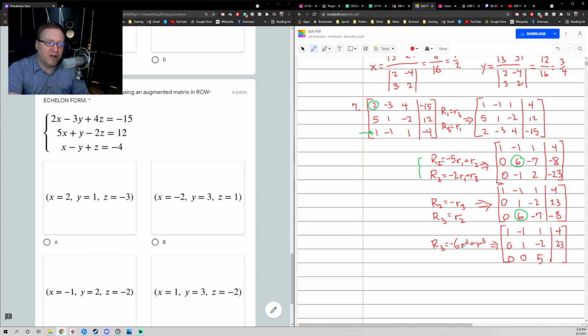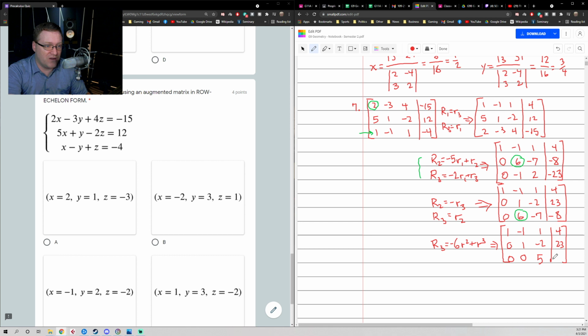And then finally, right here, we're going to have negative 6 times 23, which is negative 138. And then we're going to plus negative 8. Am I doing that right? Negative 6 times 23 is negative 138. And then plus negative 8.